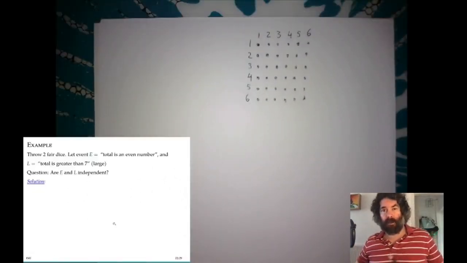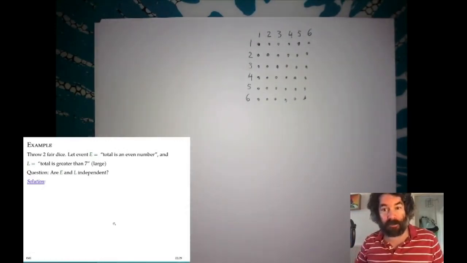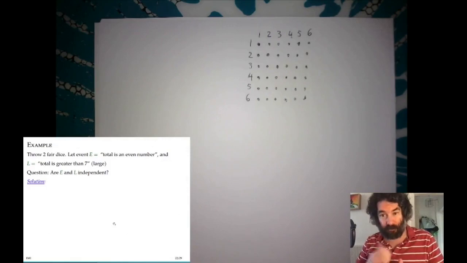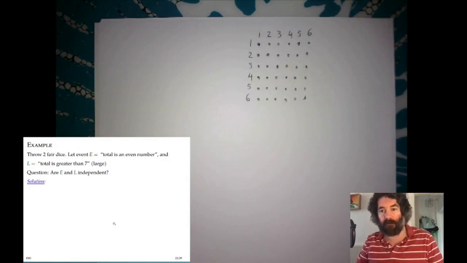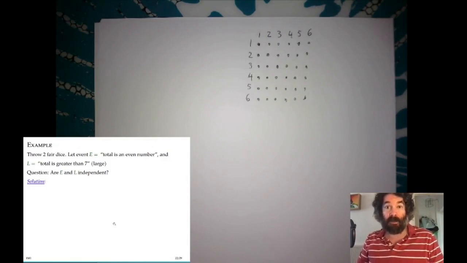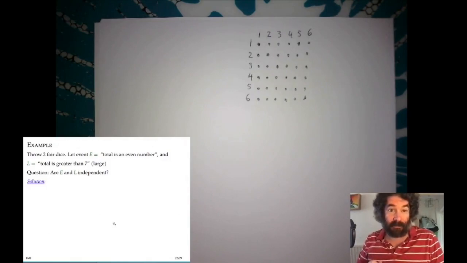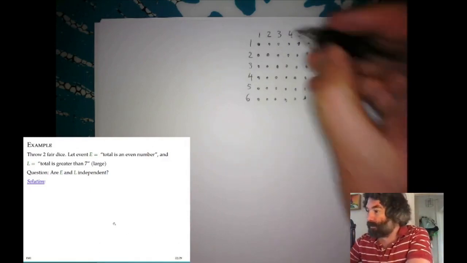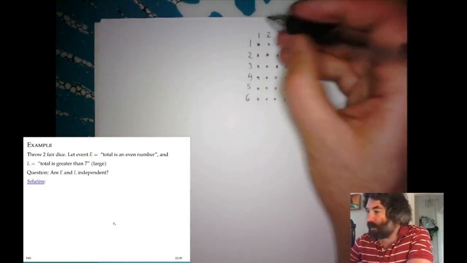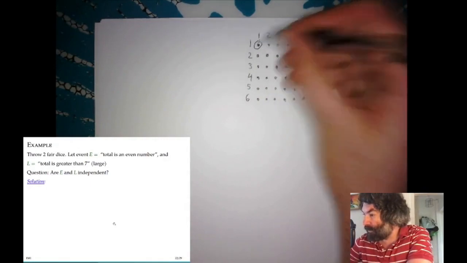Okay, so I have here a visual depiction of the sample space. The sample space is the same as the previous example we looked at where we roll two dice. We haven't changed anything about the sample space. We're just looking at different events now. E is the event where the total is an even number. So I'm going to circle, using this black pen, all the outcomes that would be in that event.